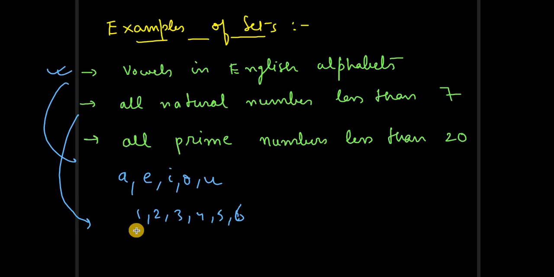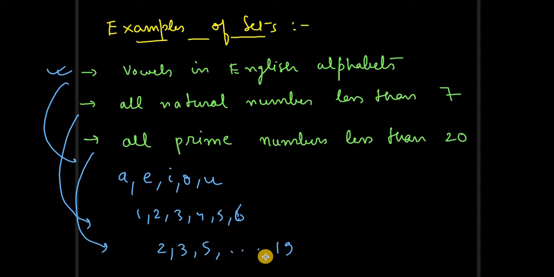So it is also very much well defined. And similarly we have one more example: all prime numbers less than 20. So we have 2, 3, 5, and we can go all the way till 19. So these are some examples of sets.